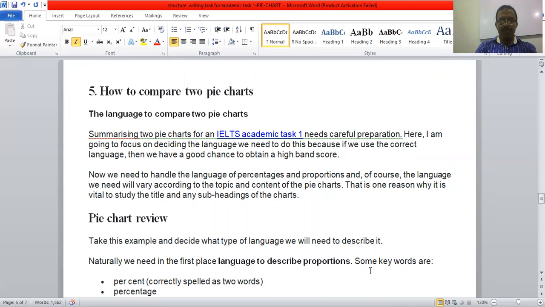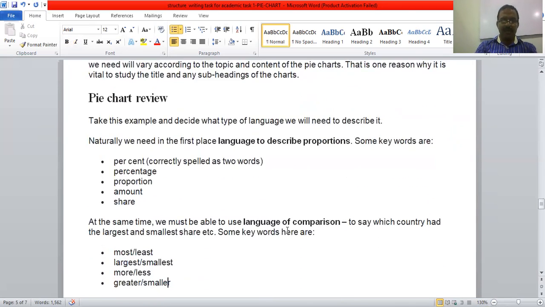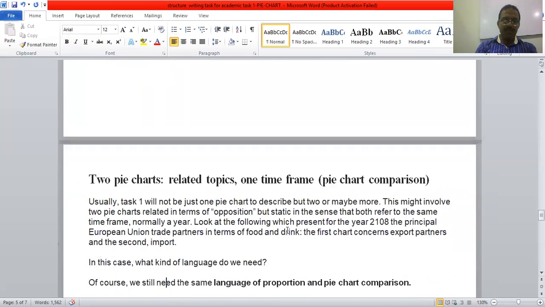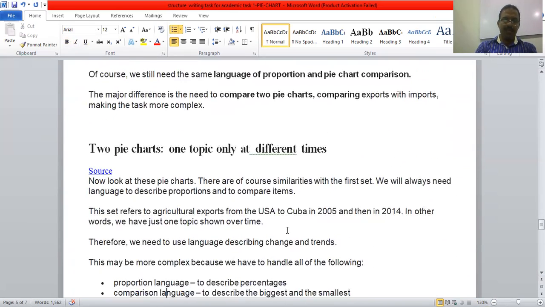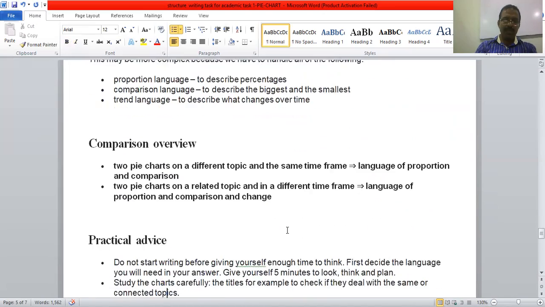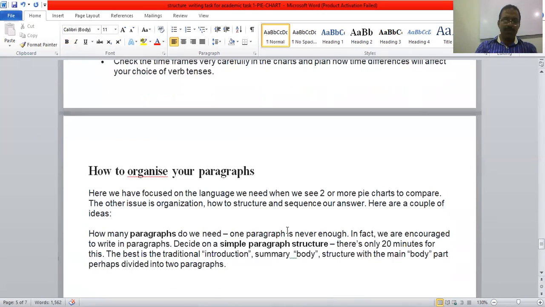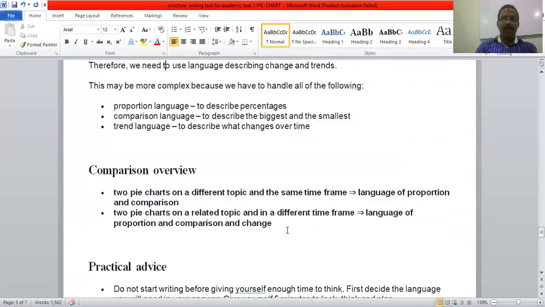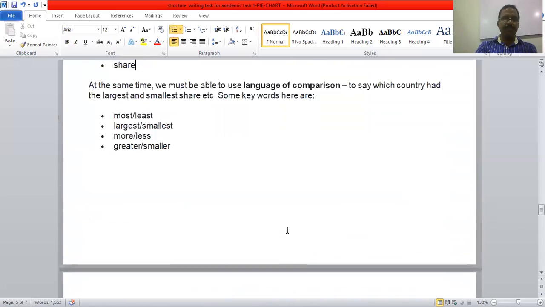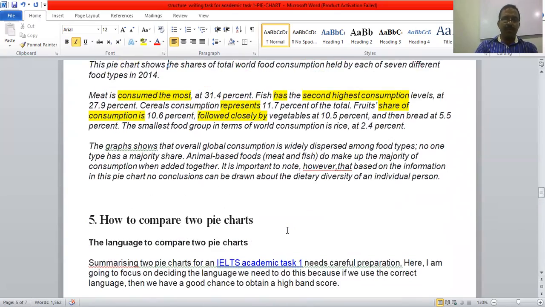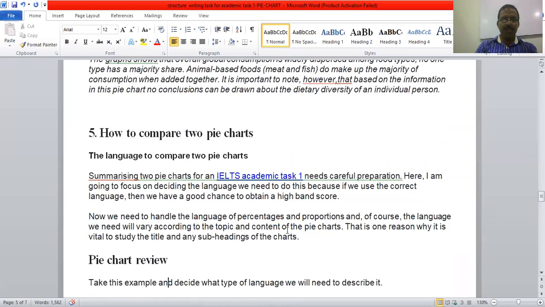So here we are going to tell you about these things, and you will come to know right now about these things. Okay, so I am just showing you what we are going to learn about pie charts. So here, how to compare two pie charts.